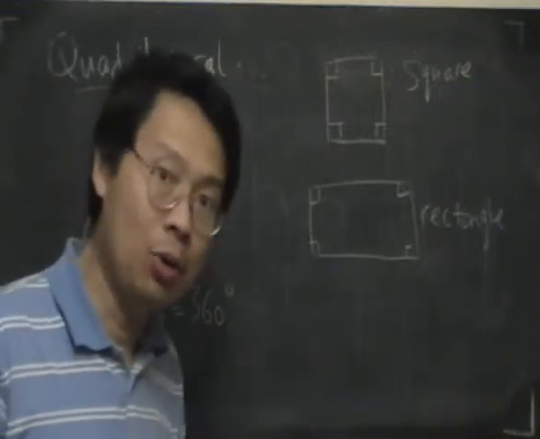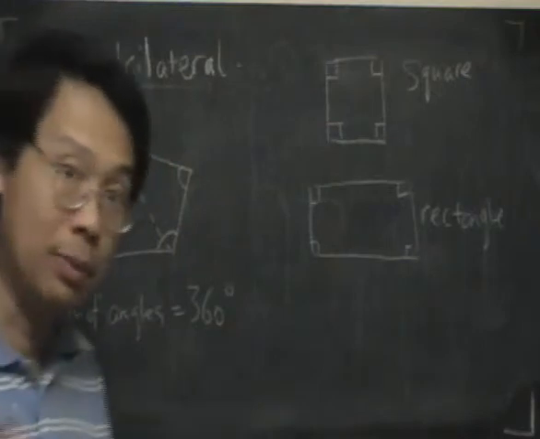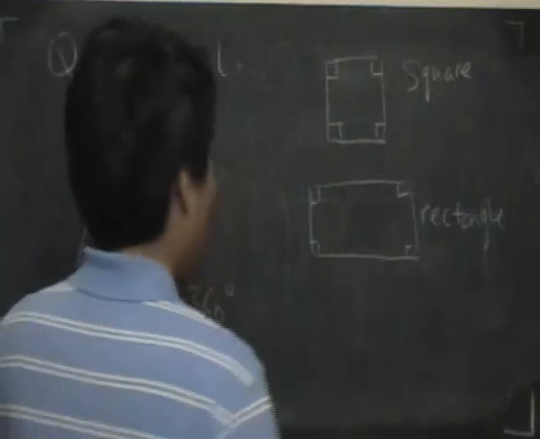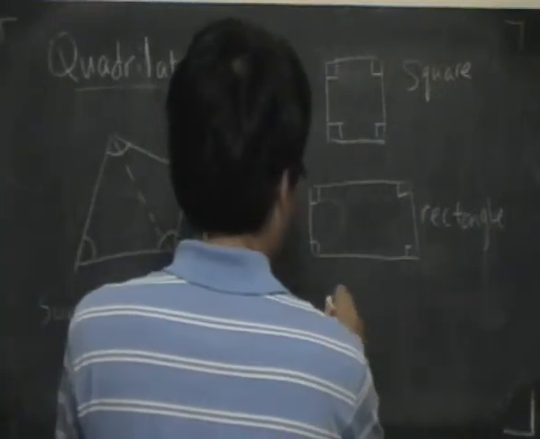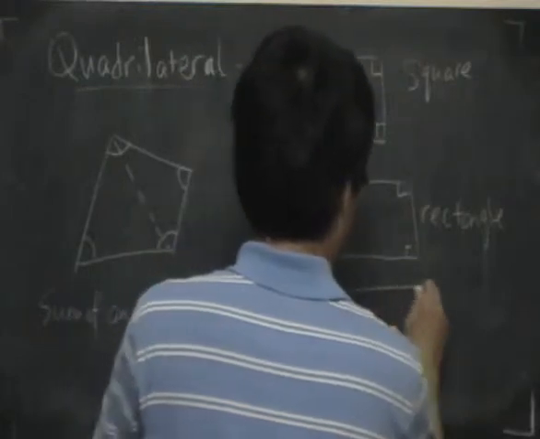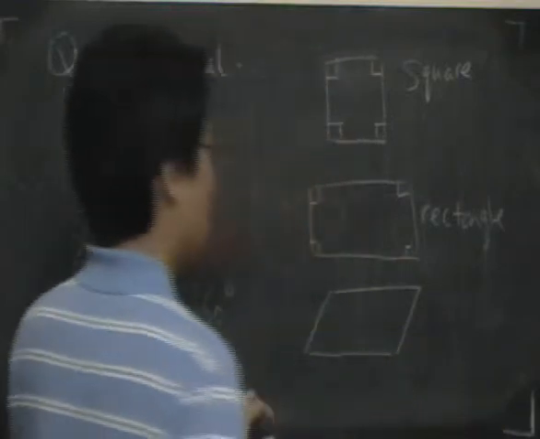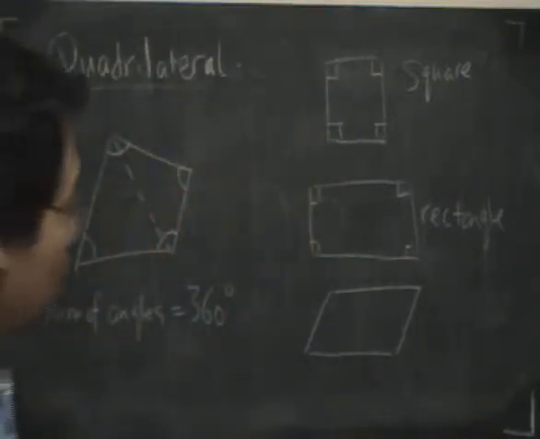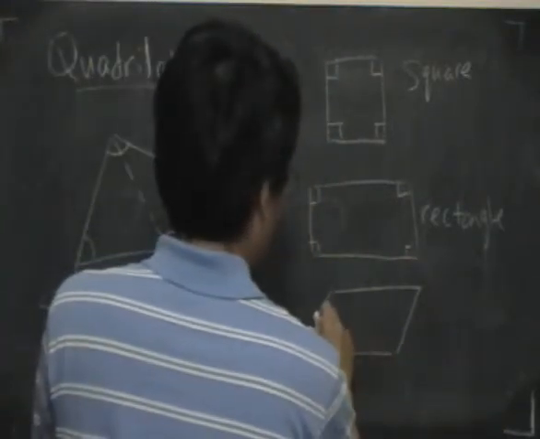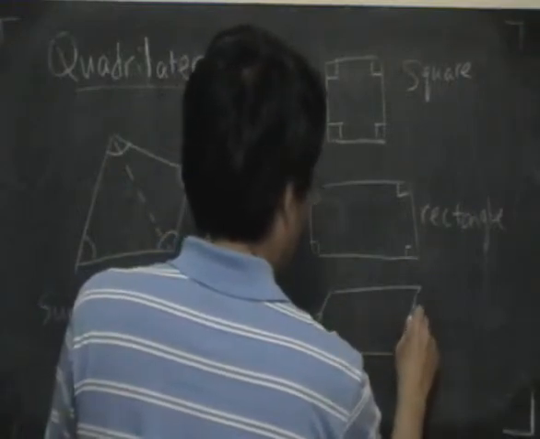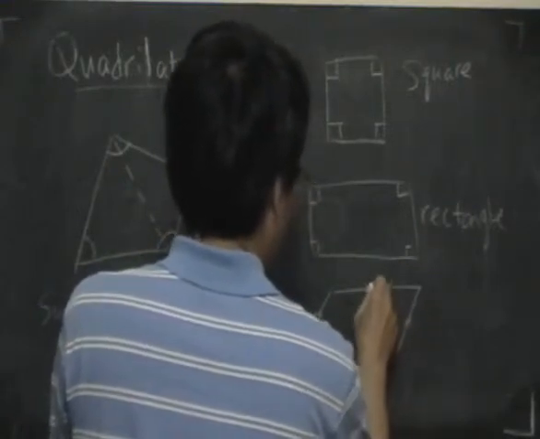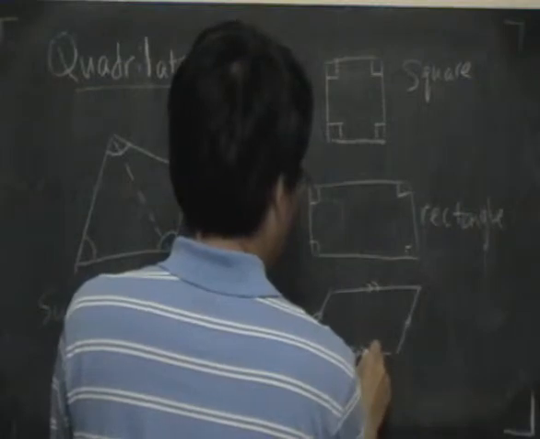Now a slightly more complicated figure, which might also be familiar, looks like this. Like that. Now this is a figure where two opposite sides are parallel and the other two opposite sides are parallel.